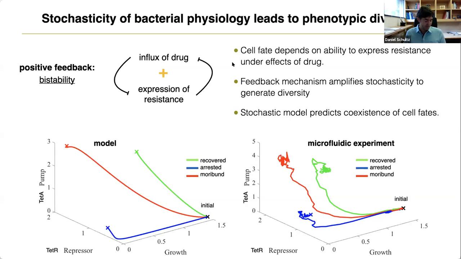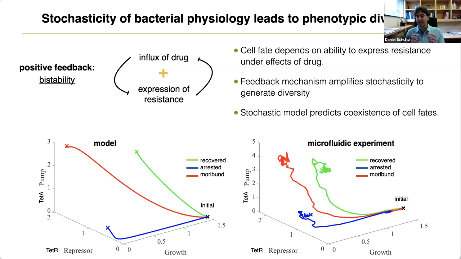So if you consider this interplay between the influx of drug inside the cell and expression of resistance: if too much drug comes in, then the cell cannot express resistance properly, and that leads to even more drug coming in, right? Or on the other hand, if the cell can express enough resistance, that leads to even less drug coming inside the cell and more expression of resistance, right? So there's this positive feedback mechanism, and this is known to generate bistability, right?